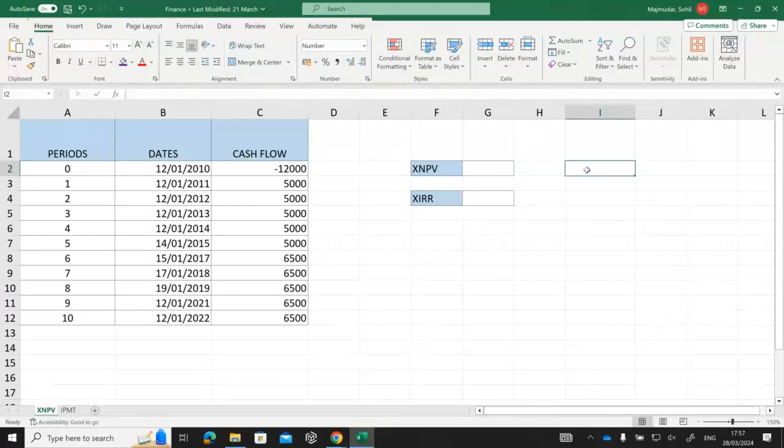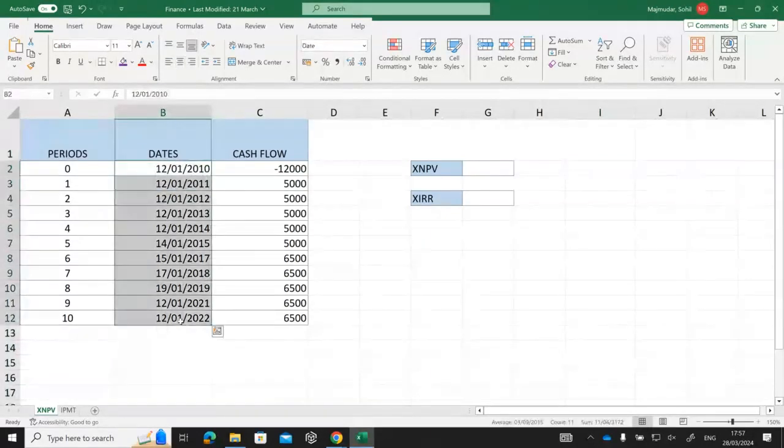All right, now make a note: NPV and IRR work if you have the data in a continuous timeline. So for example, there are no gaps in your data.